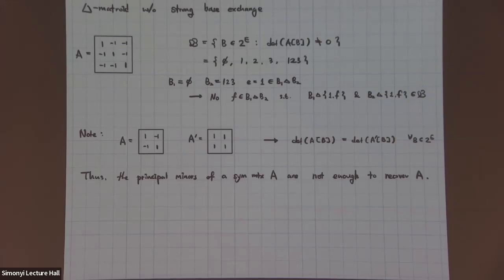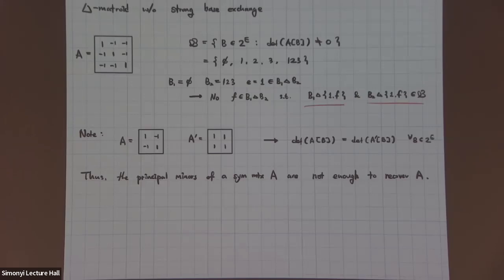And yeah, so one may think that maybe delta matroid could be a good candidate, but there is a bad counterexample. If you consider this symmetric matrix over any field of characteristic other than 2, and collect all non-singular principal minors, then we have these 5 bases. We take the empty set as a base and 1 to 3 also as a base. Then you can easily check that there is no element such that both exchanges are bases.